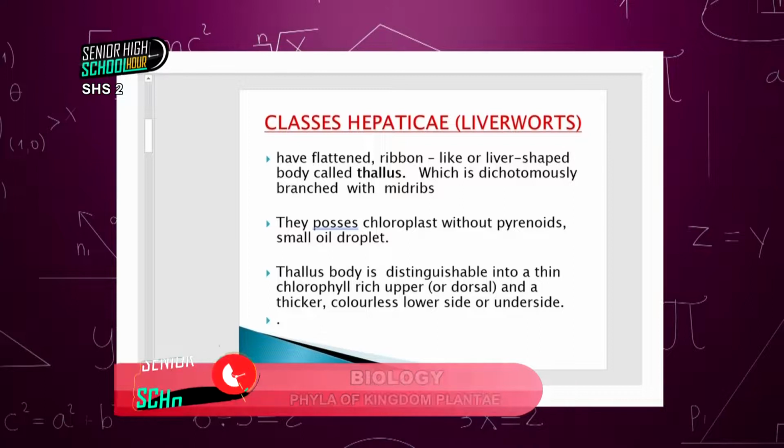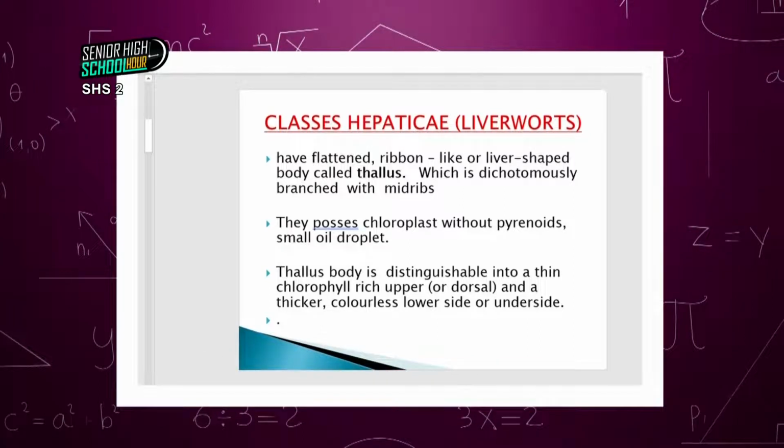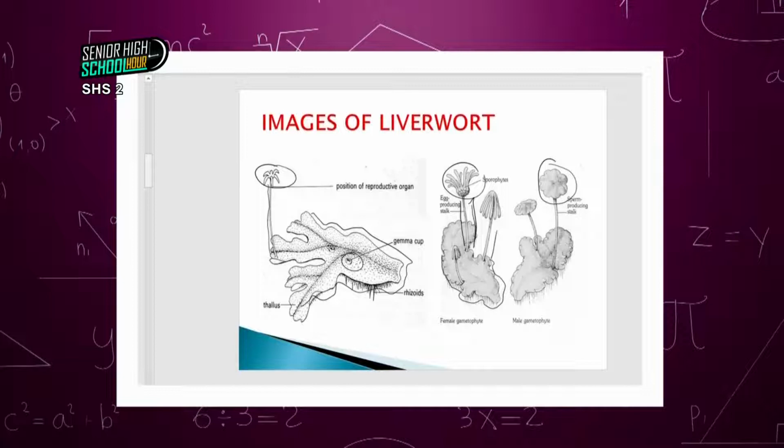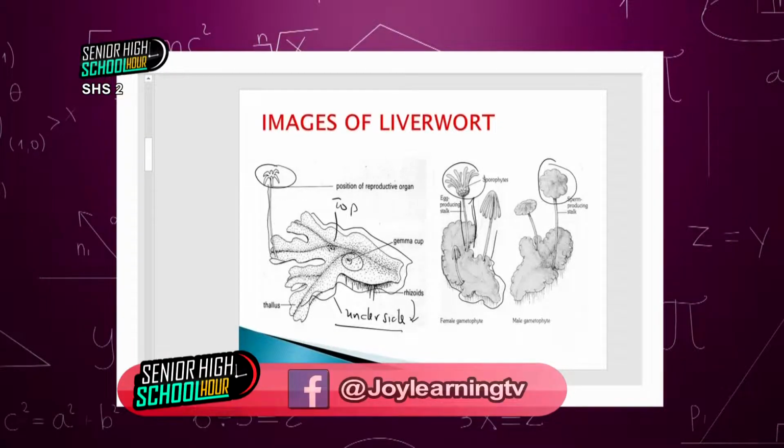The drawing you just saw has two sides. The side we saw the rhizoids coming from, and the top part. So we keep referring to our picture once in a while. There's this top part and the underside. On the underside we have the rhizoids for anchorage. And on the top part, you see something like gemmae on it.